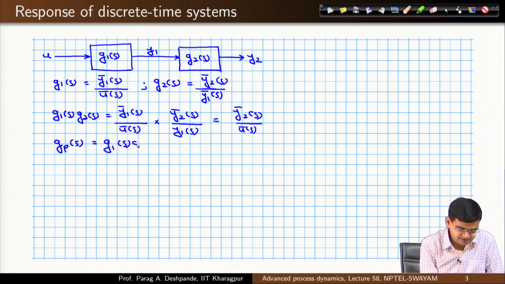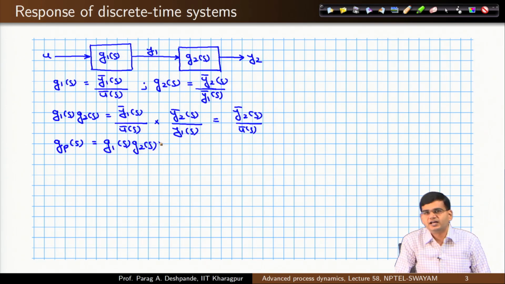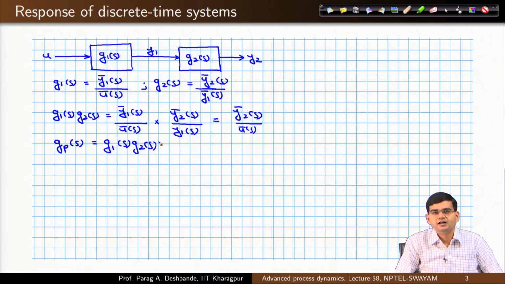of s, g 2 of s, and in fact, we did make use of this fact in the previous lecture by writing g as a product of g p and g h, the process transfer function and hold transfer function. It is the same concept here.